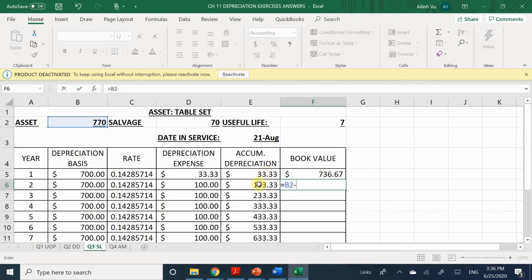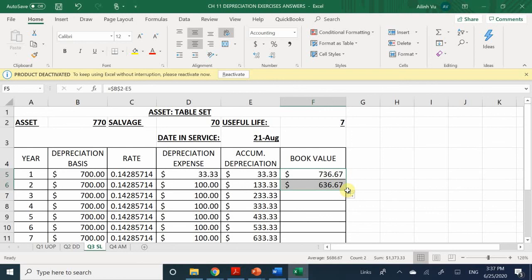I didn't get that either. I got 636.67. So what number did you take? I feel like you took the 736 and subtracted the 133. No, that wouldn't equal either. I took the 700 minus the 133. That's what I did.